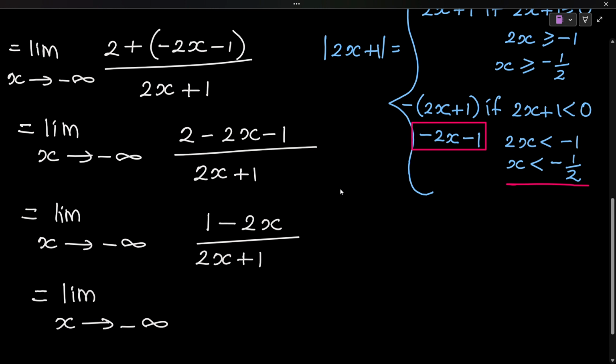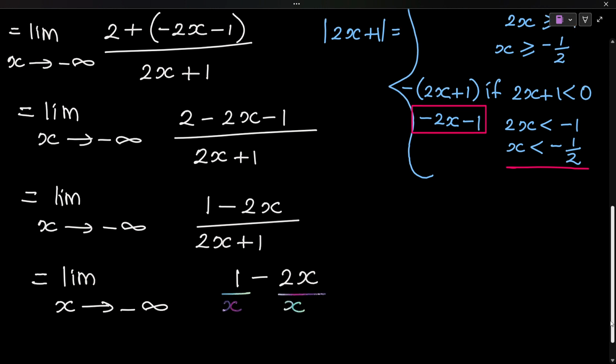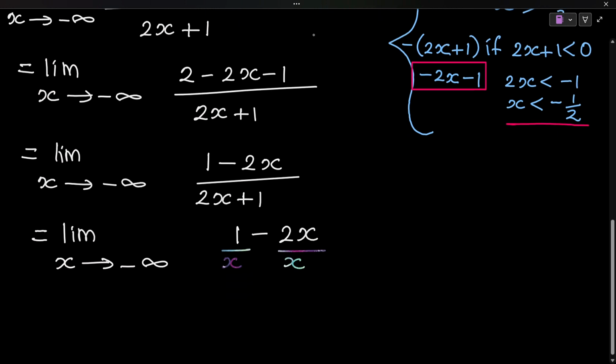Since there is only one term in the denominator that has x, which is the 2x, we are going to divide throughout by x. So we're going to have 1 being divided by x, negative 2 being divided by x, and in our denominator as well, both terms are going to be divided by x.